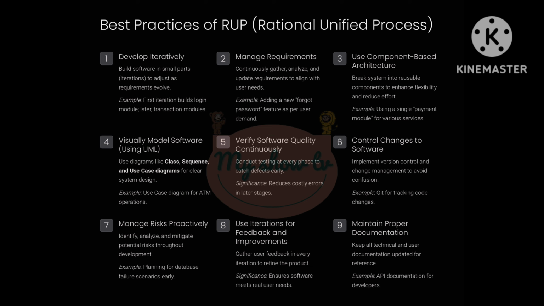Use iterations for feedback and improvements. Feedback from users or testers in every iteration helps to refine and improve the system. 9. Maintain proper documentation. Keeping technical and user documentation updated for future reference. Example, API documentation for developers.